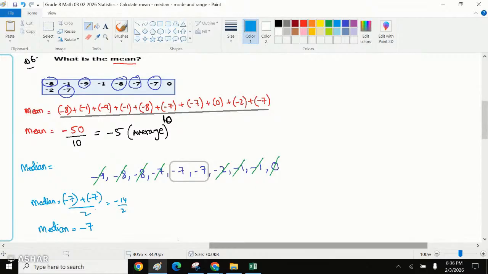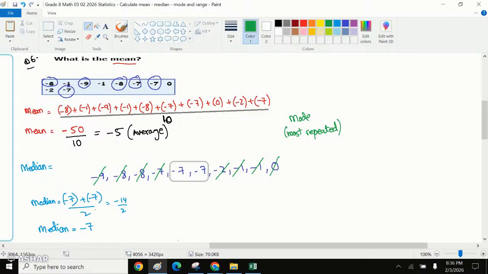Okay, for now, let's see if we need to find the mode. Mode means most repeated. Yusuf, what is the most repeated number?